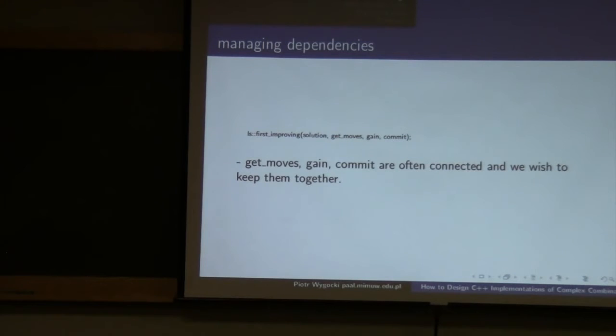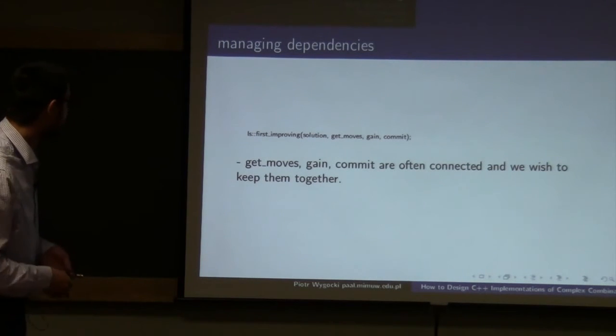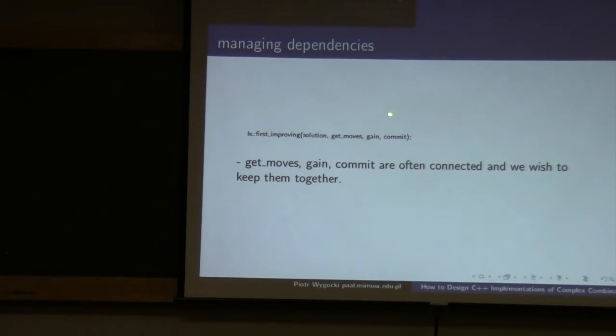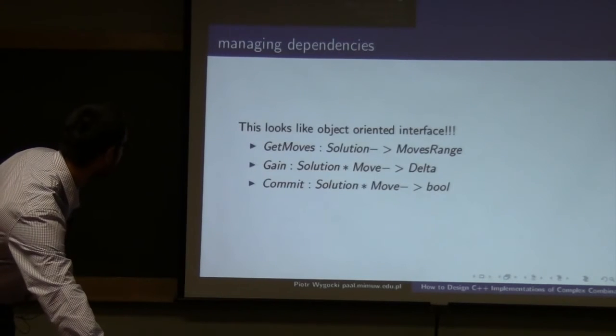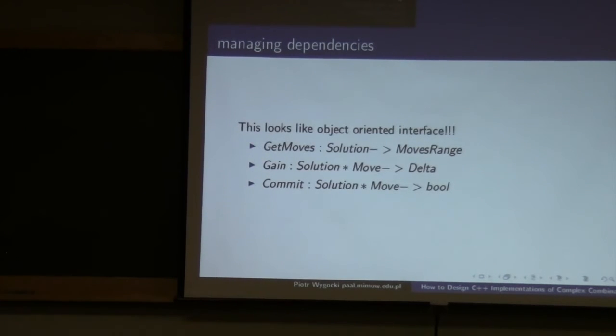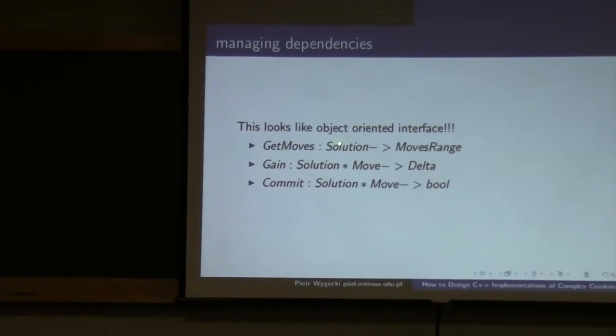They might be dependent. This is not always the case. Actually, in most cases, this is not the case, but it might happen. And this is very bad because we definitely want to keep them together. So somehow encapsulate this.